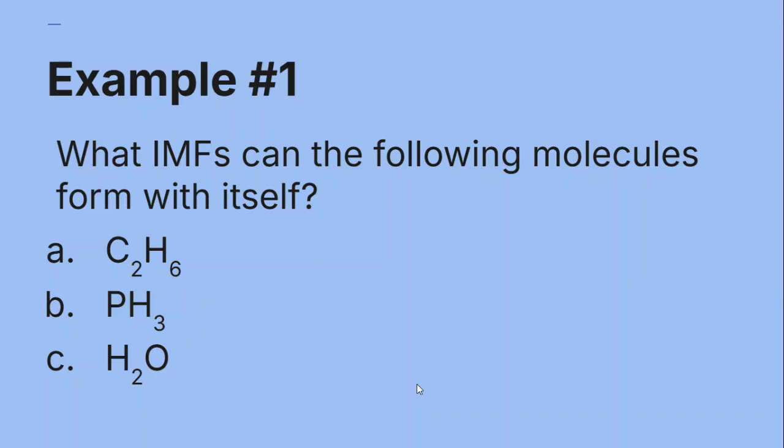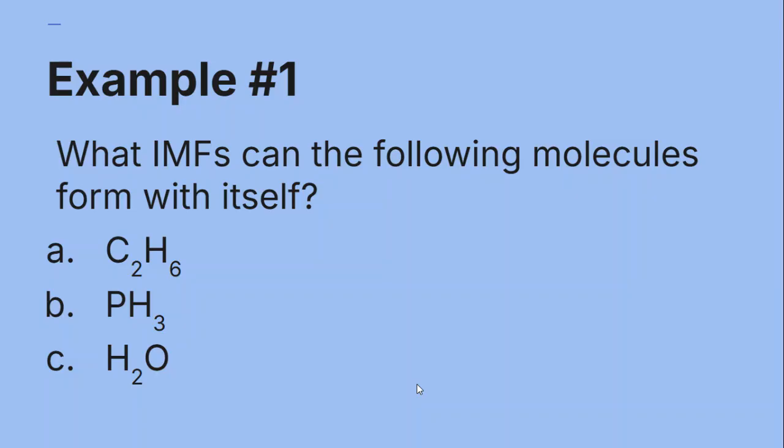C2H6, it sometimes helps, if you can't visualize the bonds within a molecule, to draw the Lewis diagram first. So C2H6 is two carbons bonded together, and each carbon has three hydrogens attached to it. All of the bonds in that molecule are nonpolar.